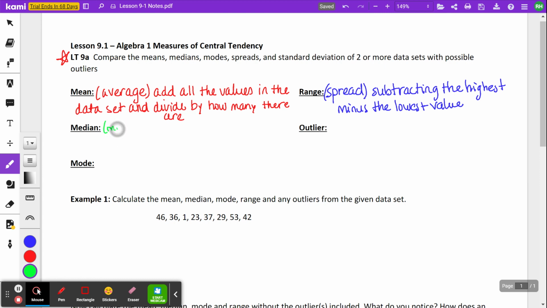Okay. The next one we see here is median. Median means the middle, just like it does on the highway when you're driving. The median's the middle part. And in order to get the median, you have to put the values in order from least to greatest. And then literally pick the middle number.